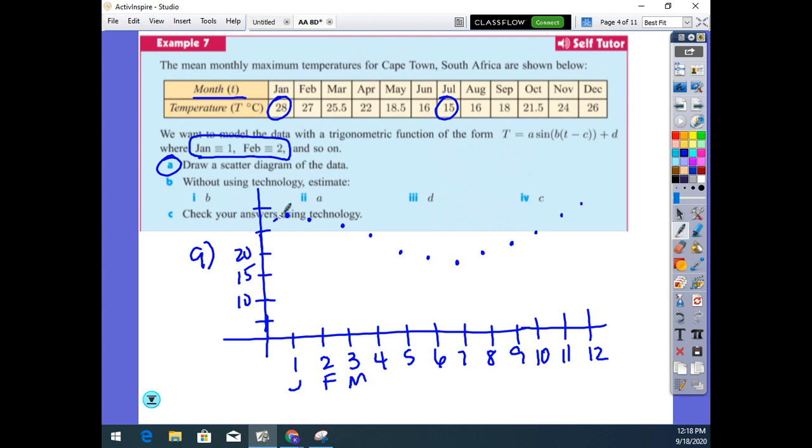So you can kind of see that curve, okay? They want us to use a sine curve. So it says first estimate B. Well, we can tell it's repeating itself within a year. So our B is just our period of 12.